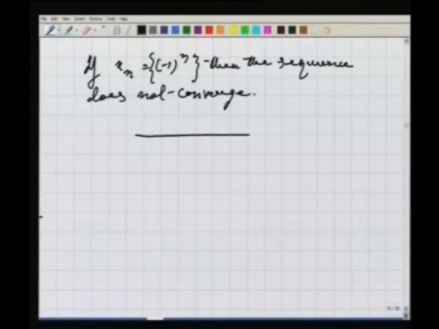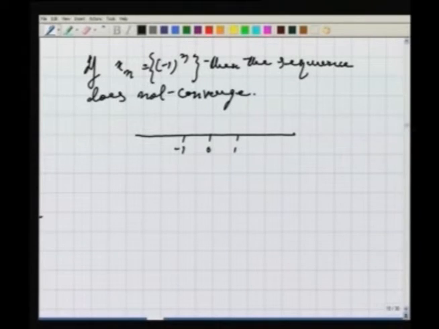To understand the notion of convergence better, I again want to look back at the sequence (-1)^n, and let me draw the following picture. This is the real line, this is 0, this is -1, this is 1. And I said that the sequence neither converges to 1 nor converges to -1.